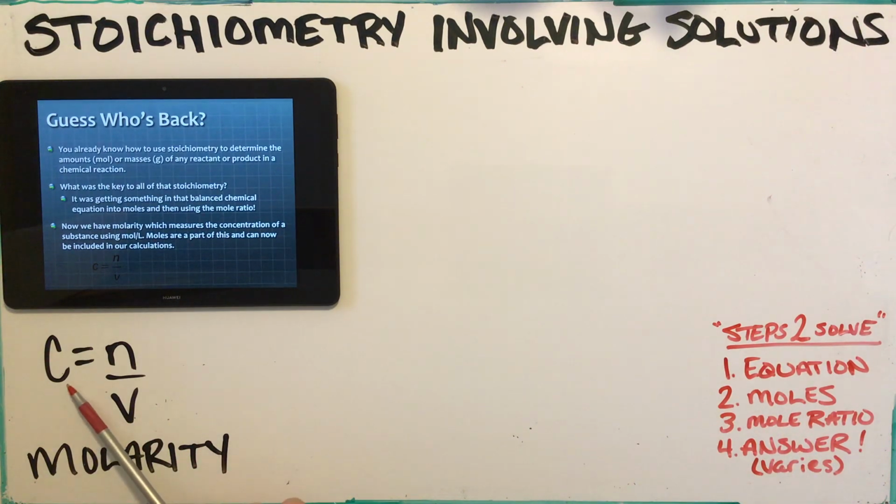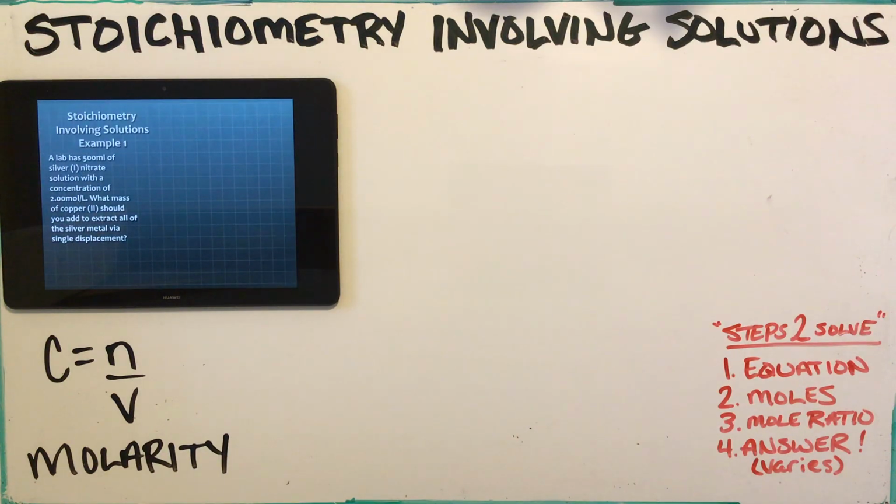If we are given the concentration and the volume of a solution that's involved in this reaction, we can find the moles and then use the mole ratio to find the other reactant or a product or whatever it happens to be that we have to find. All right?